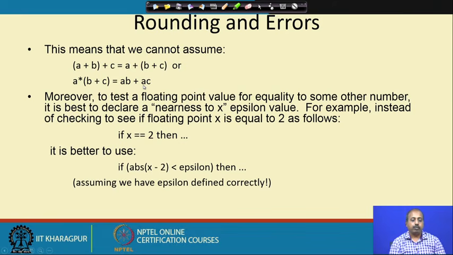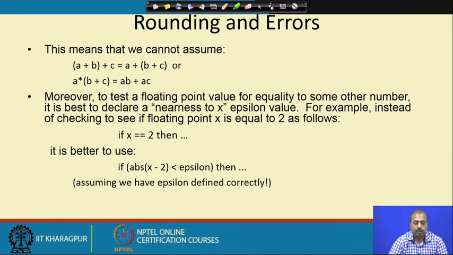For floating point numbers, we cannot assume this type of equality to always hold. If you do a plus b first, the result may have some truncation, and then c is added. On the other hand, when I am doing b plus c first, this may result in some other truncation, and when a is added, the final results may not match between the two cases.